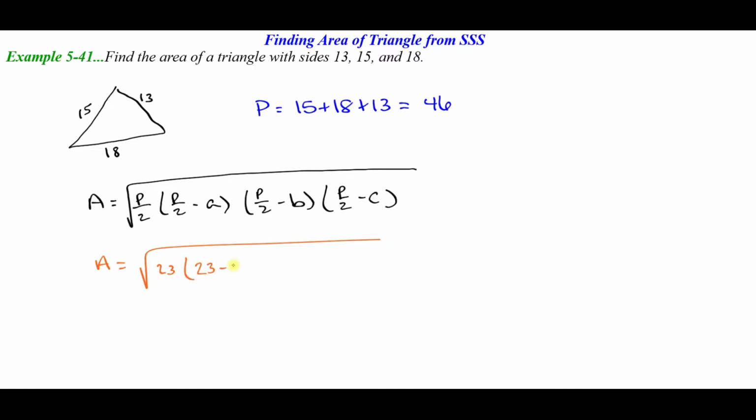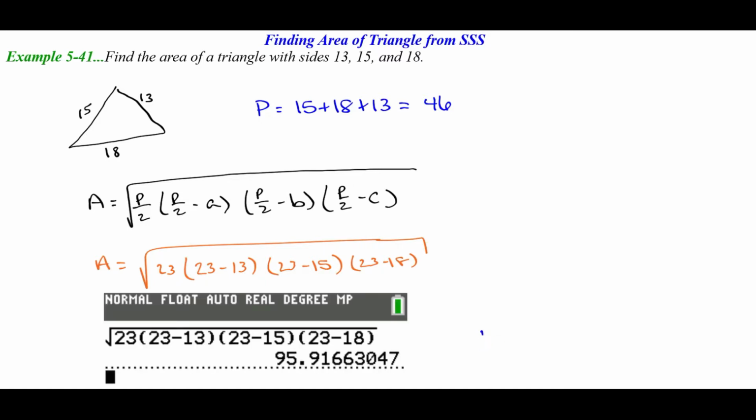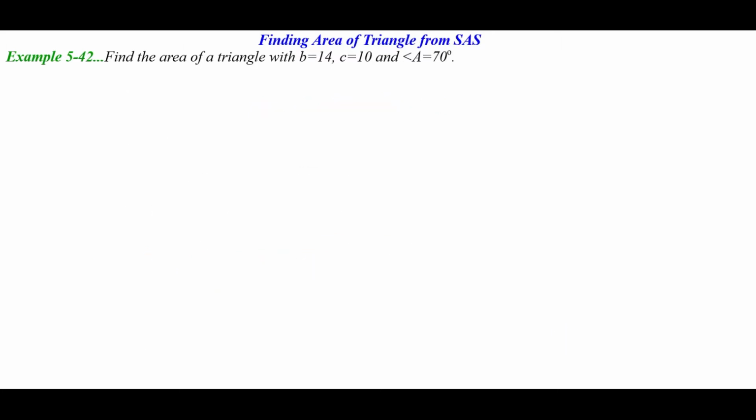Then I'm going to do 23 minus the first side, 23 minus the second side, and 23 minus the third side. It doesn't matter at all what order you do those in. You just have to make sure you got all three sides in there. And then here we end up with my area is about 95.92.